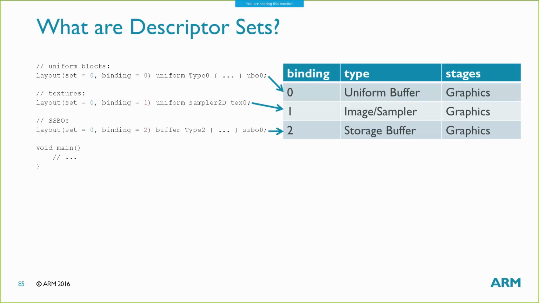And in fact, there are compatibility descriptions within the API that say that if I haven't changed pipelines to something that's incompatible with the last one, my descriptor set bindings live on. So that's also kind of cool.